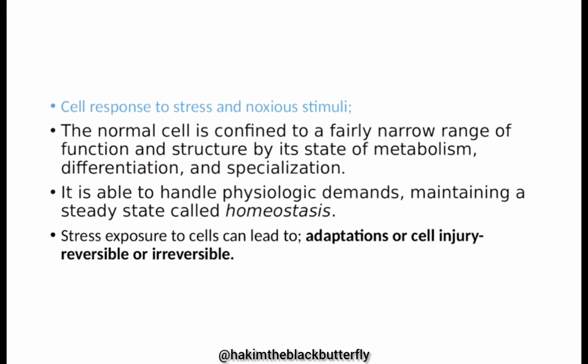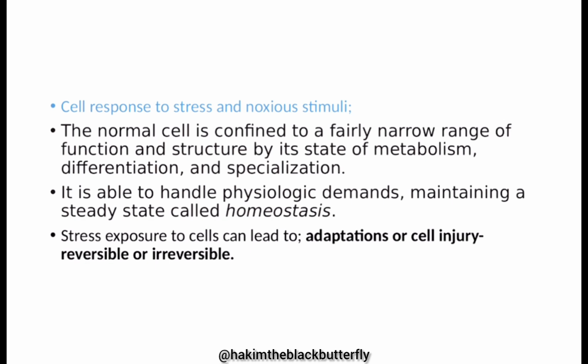So we are going to start by looking at general characteristics of cells or tissues in the presence of disease. We are going to look at what we call cell response to stress and noxious stimuli. If your cell is injured, if your cell is exposed to injurious stimuli, how does it respond?